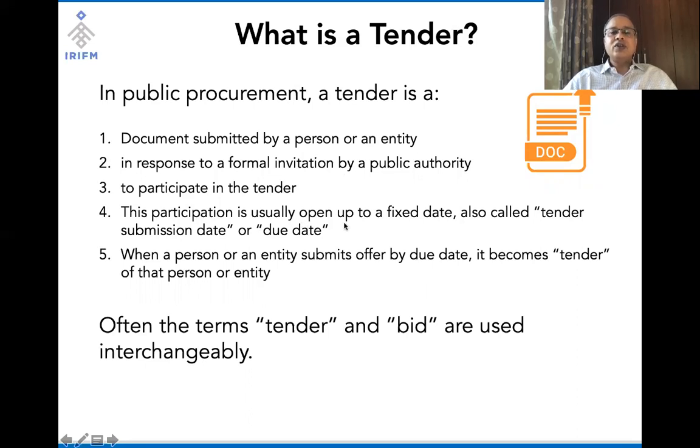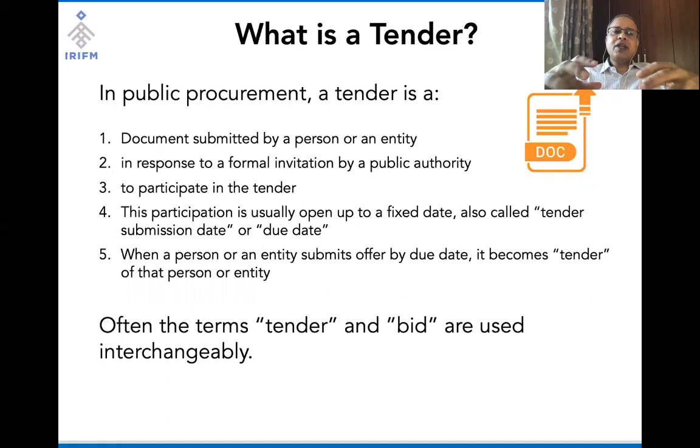This participation usually opens up on a fixed date, which is also called the tender submission date or the due date. And when the entity or a person like me submits the tender, then it becomes the tender of that person. Very often, the two terms, tender and bids, are used interchangeably.